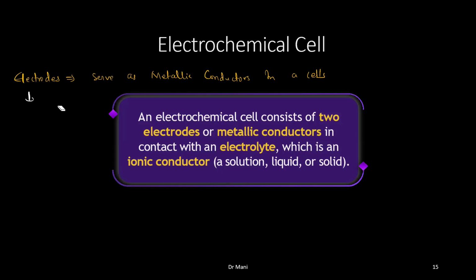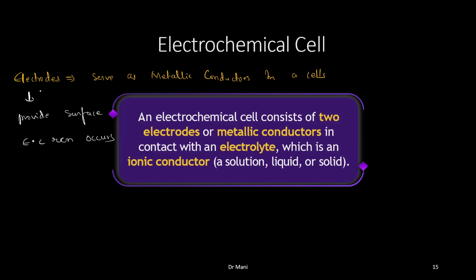It's happening on the surface of these electrodes. Understood? So one electrode is the anode, where oxidation is happening. The other electrode is the cathode, where reduction is happening. I told you already.